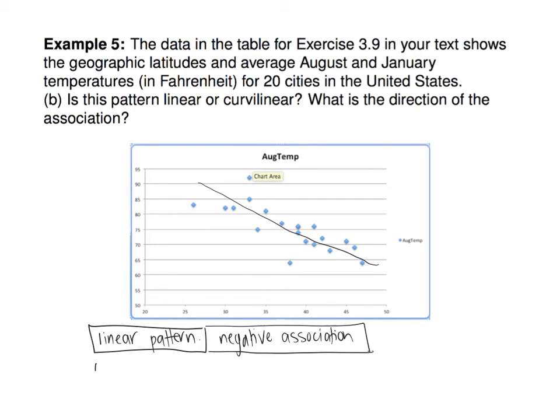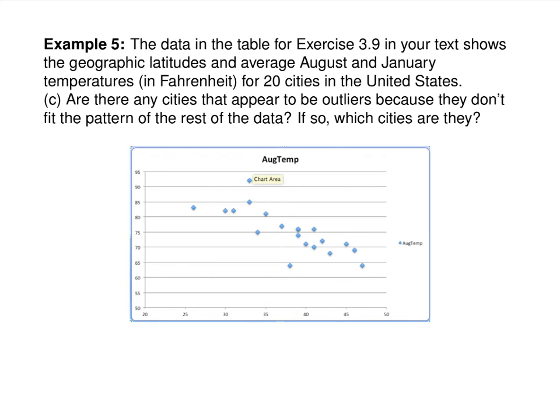And you can say that as latitude increases, the average August temperature decreases. Are there any cities that appear to be outliers? If so, which cities are they?